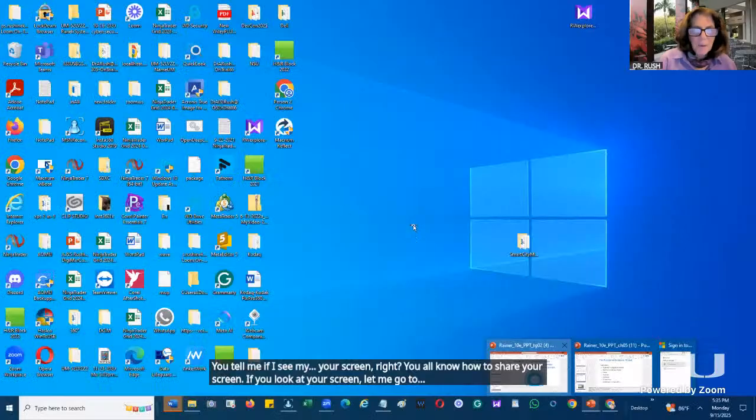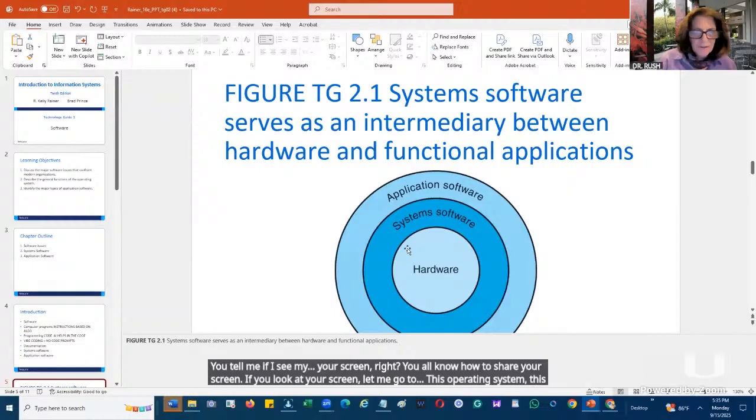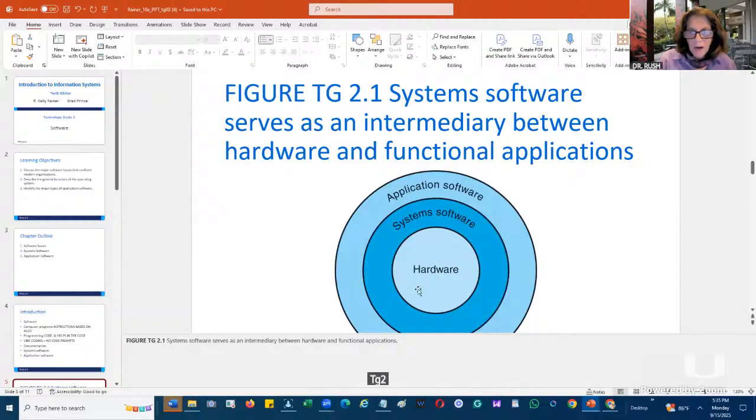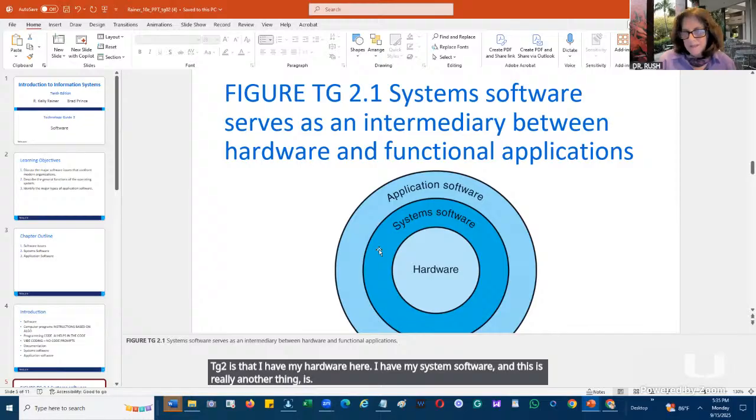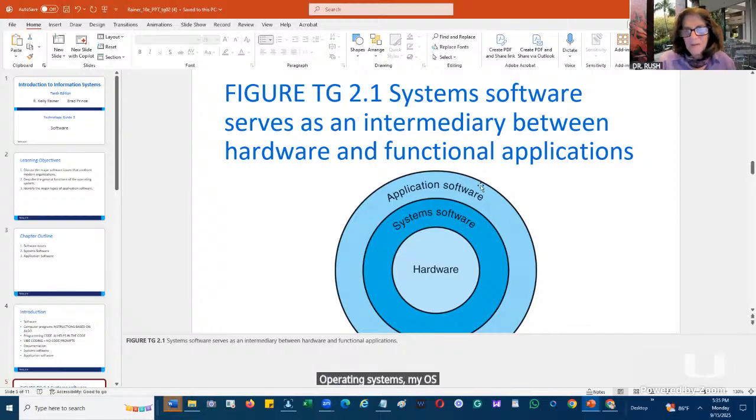If you look at your screen, this operating system is the key for this. I have my hardware here, I have my system software, which is my operating system, and then around this I have my application systems, and you know it, Maya, they're just apps, right?